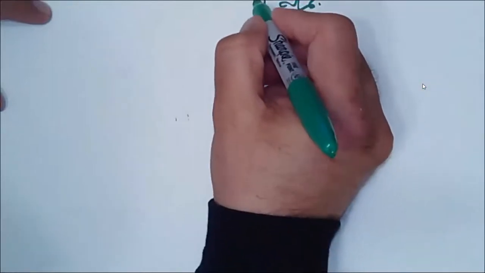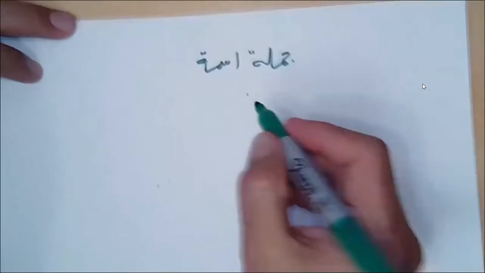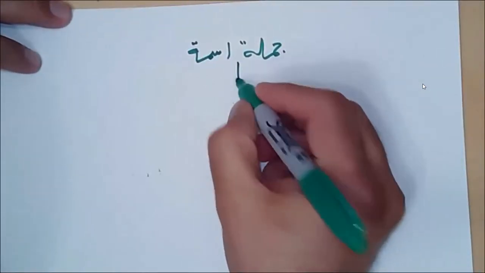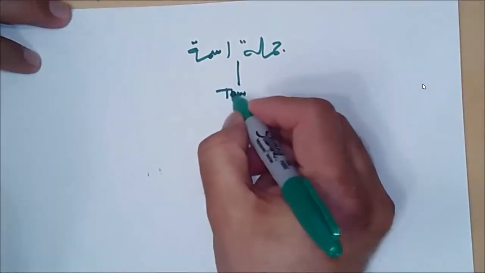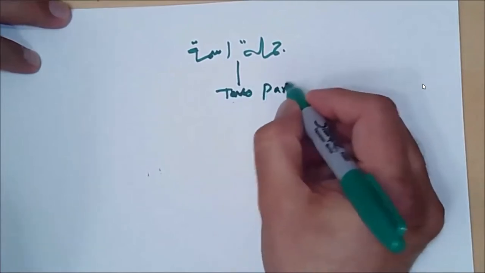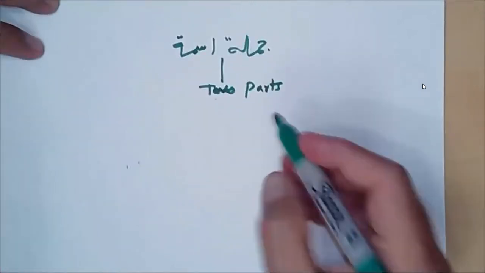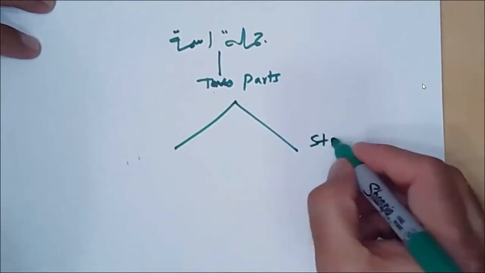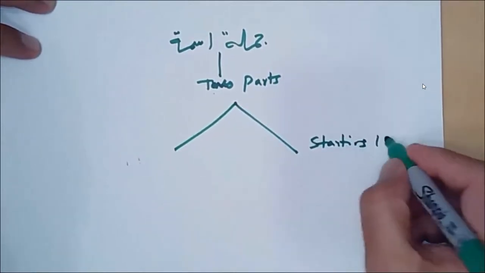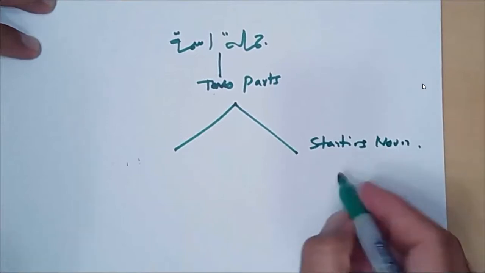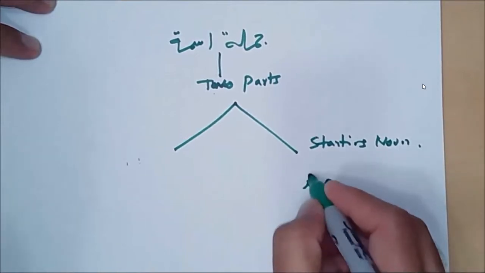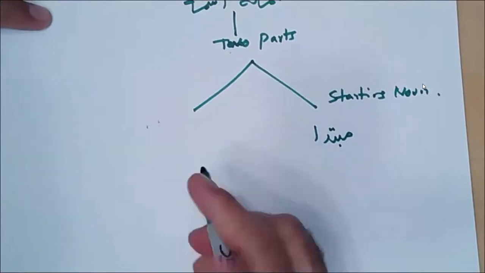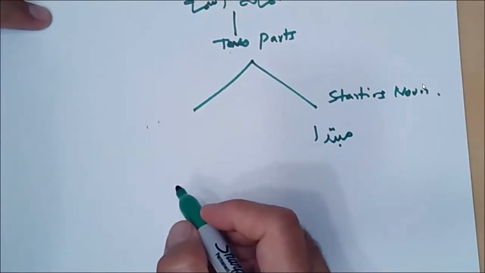So jumla ismiya, we said that it just starts with a noun. Okay, it has two parts. The first part, the starting noun, is known as mubtada. What is it known as? مبتدأ.